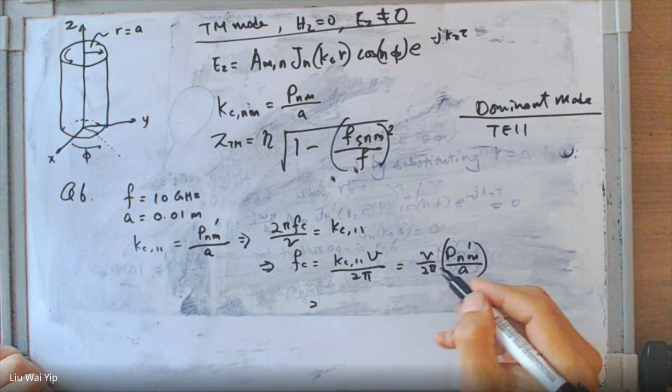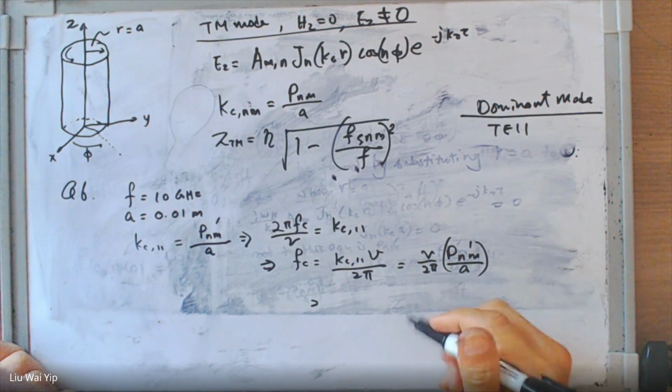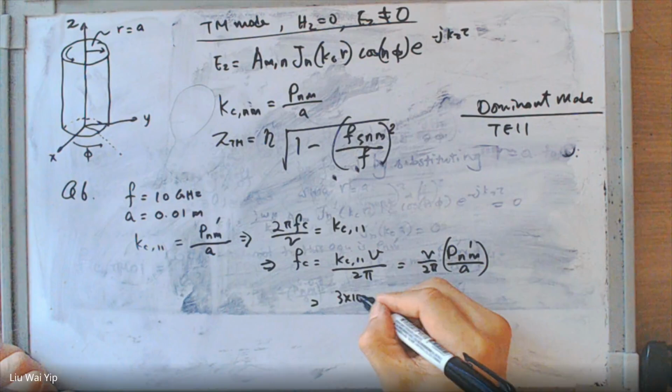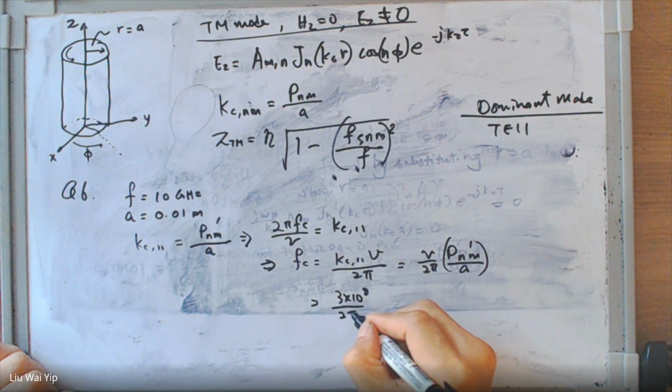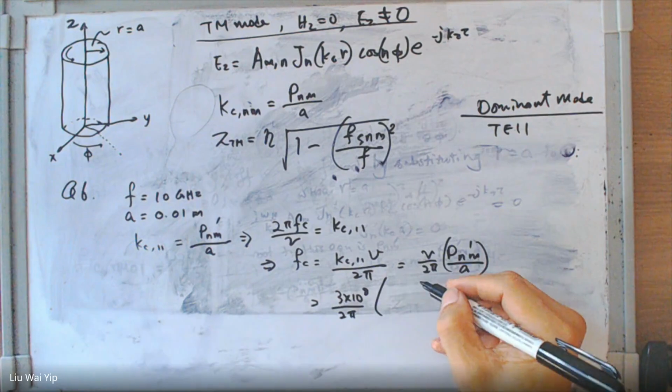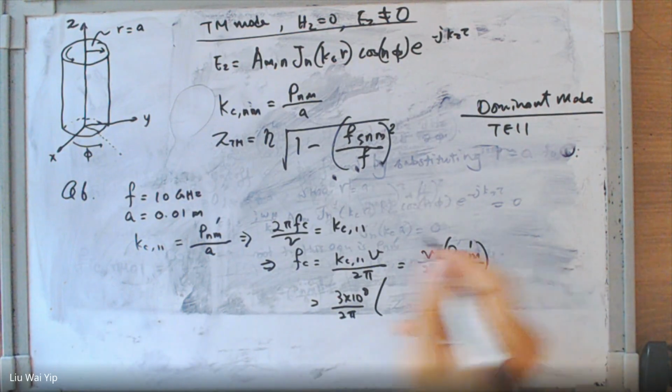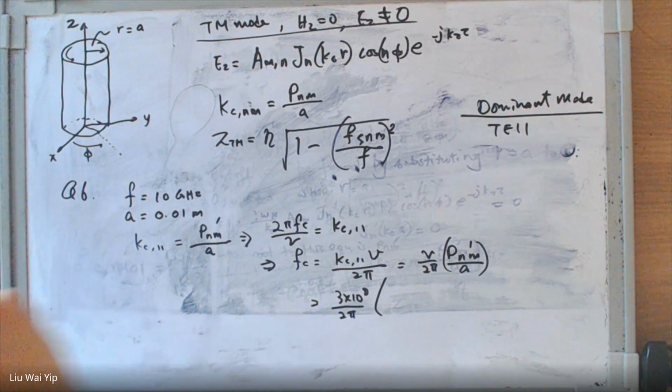If I'm going to calculate the cutoff, then v times the root over a times 2 pi, and the value you can get by going back to the table.